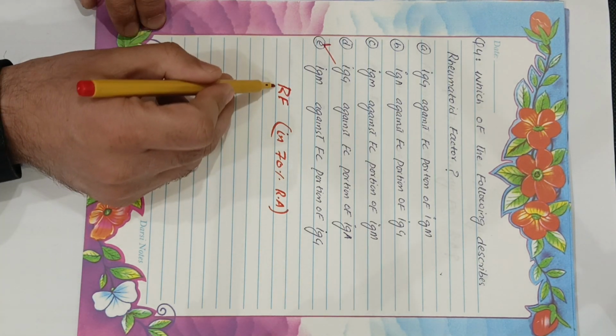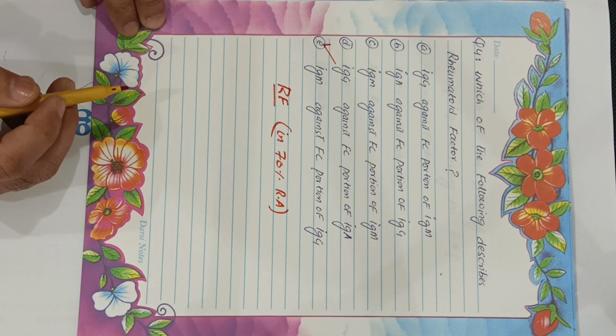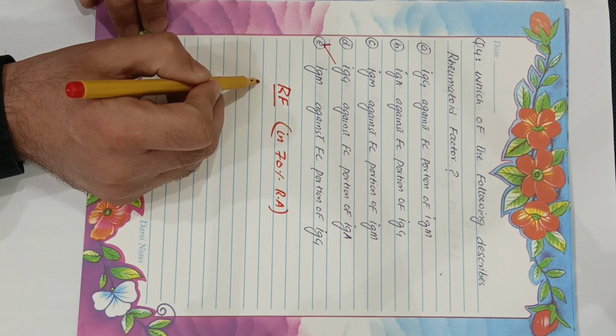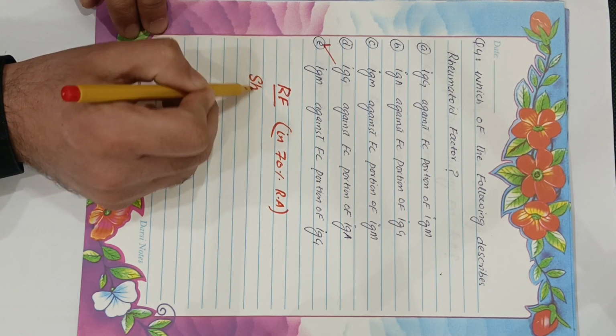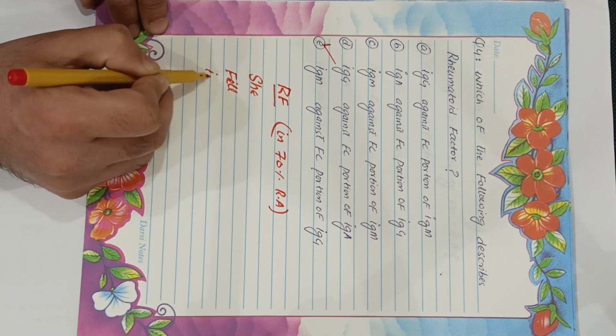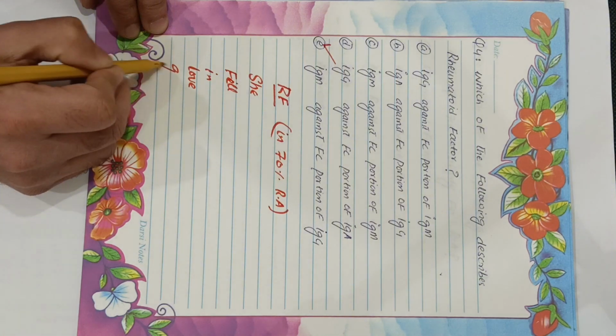This is neither a sensitive nor a specific test because there are some other conditions other than rheumatoid arthritis in which the rheumatoid factor is positive, and these conditions can be remembered by the mnemonic: She feel in love with general system.